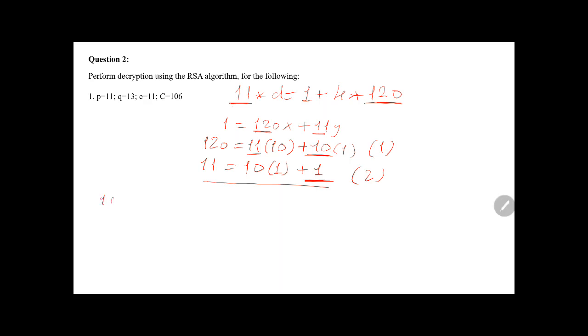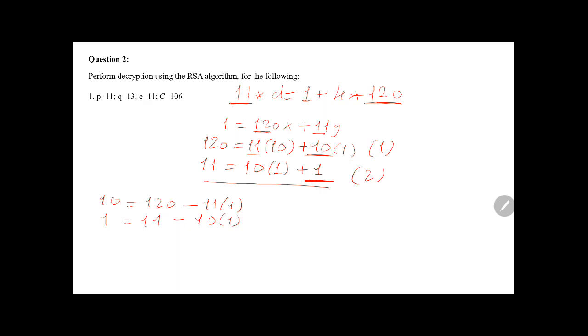It's 10 equal to 120 minus 11 multiplied by 10. And the second one will be 1 equal to 11 minus 10 multiplied by 1.